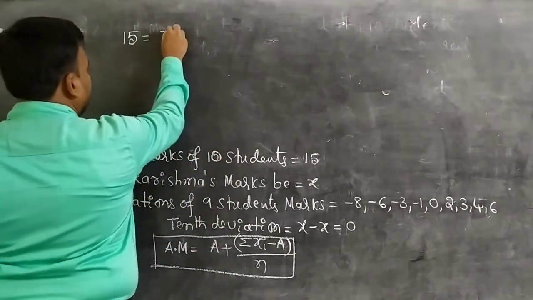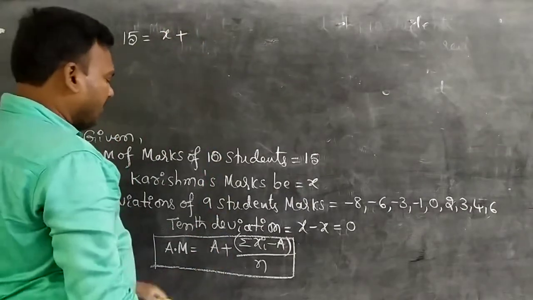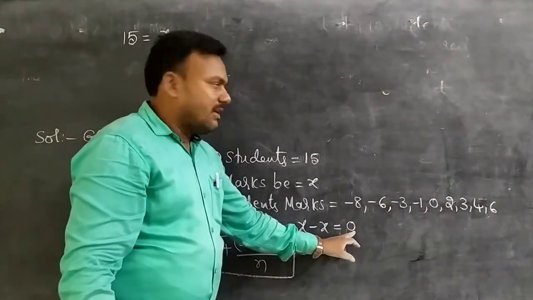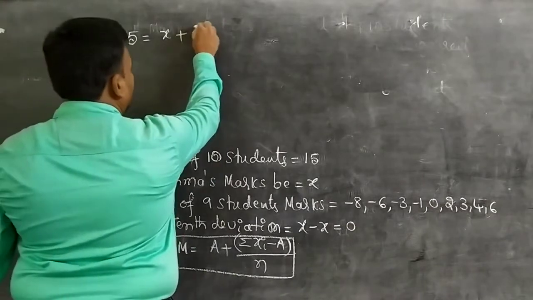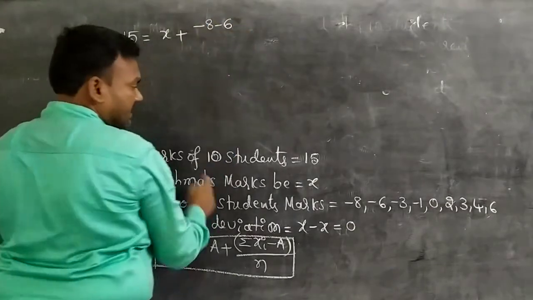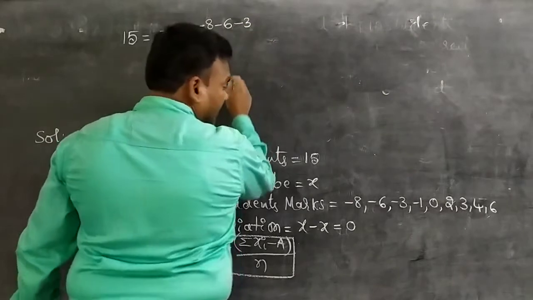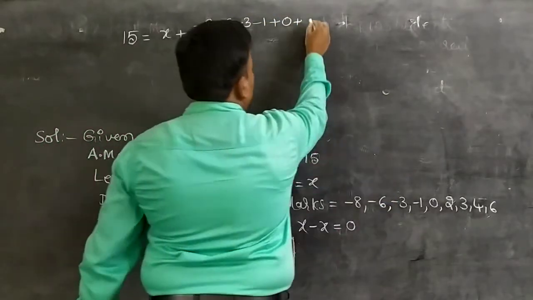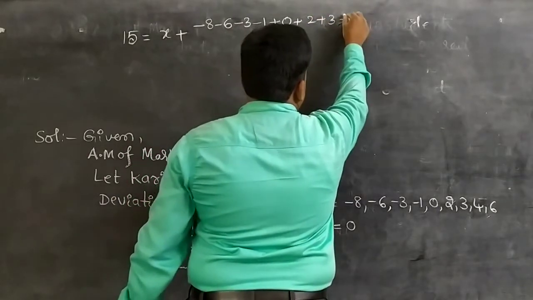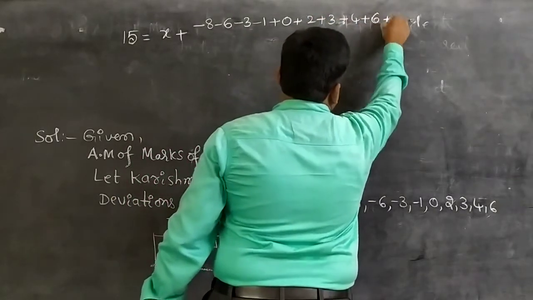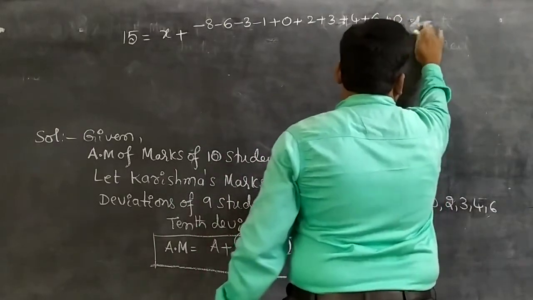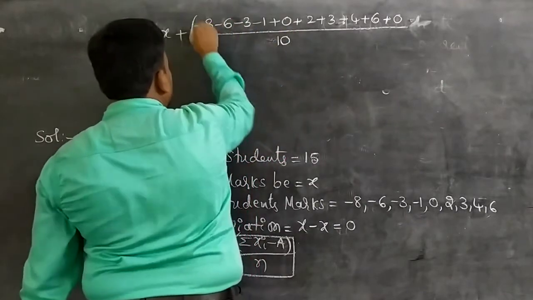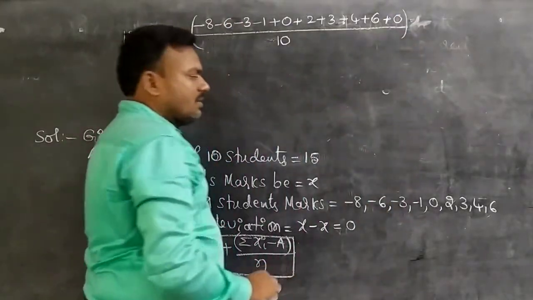So here X plus sum of deviations. This is 9 deviations along with the 10th deviation. Take the deviations: -8, -6, -3, -1 plus 0 plus 2 plus 3 plus 4 plus 6 plus 10th deviation is 0. Then number of deviations equal to 10 students.